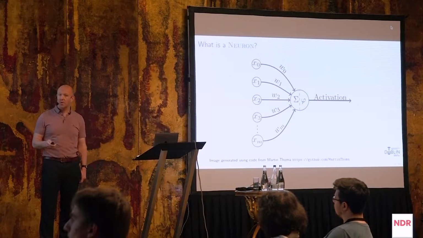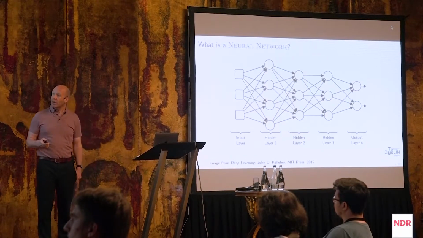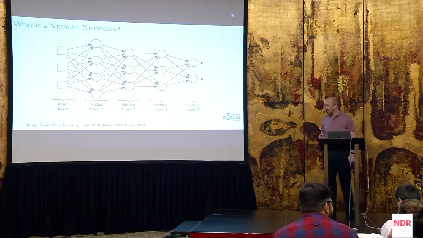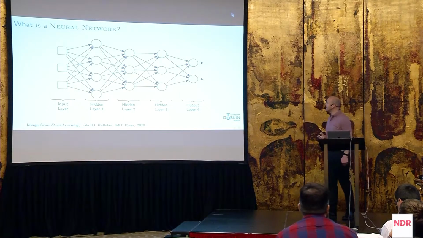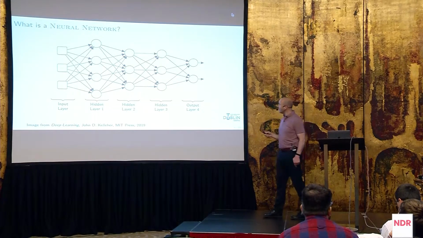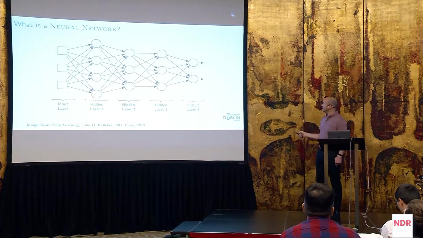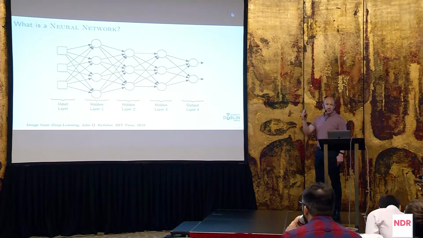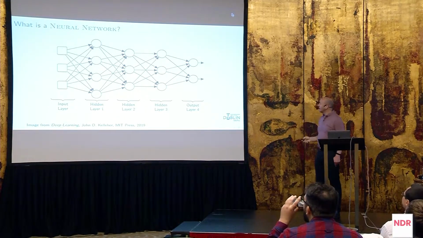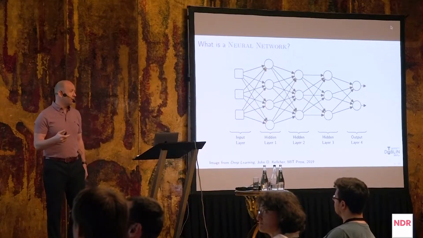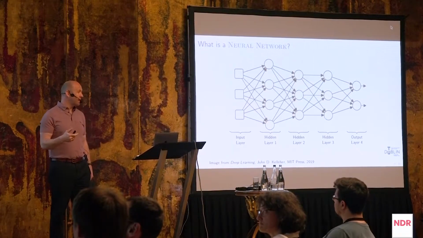That's our neuron. When we want to build a network, we simply add those neurons together, connecting them together in interesting manners. And there's lots of different ways we can connect them together in a topology. This is an example of a network. Each of the circles represents a neuron doing that weighted sum and activation. I want to highlight the fact that neural networks don't have to be organized into layers, but typically they are.